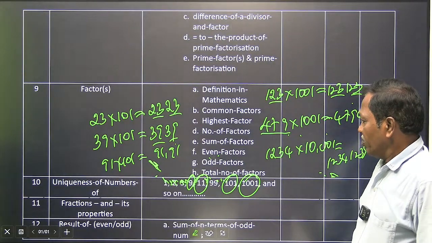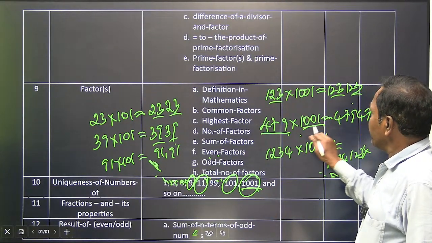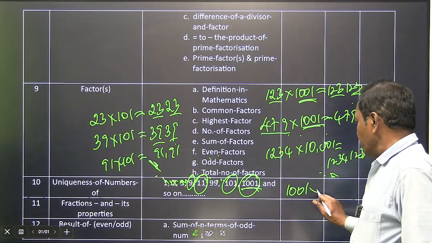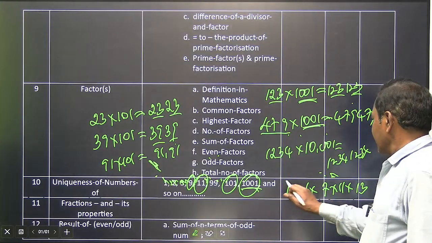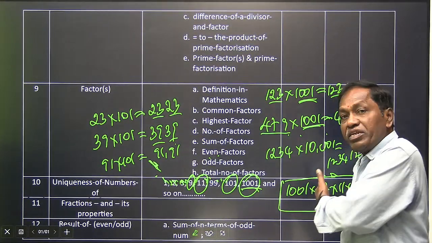And 1001, we already explained, is equal to 7 into 11 into 13. This is a fixed property. He will have every alternative with a direct question.